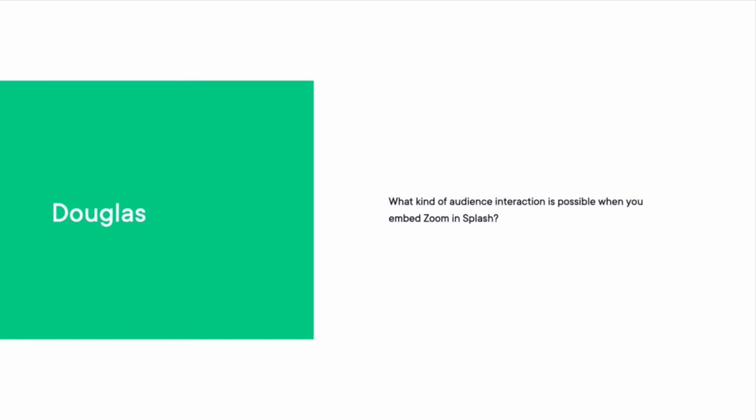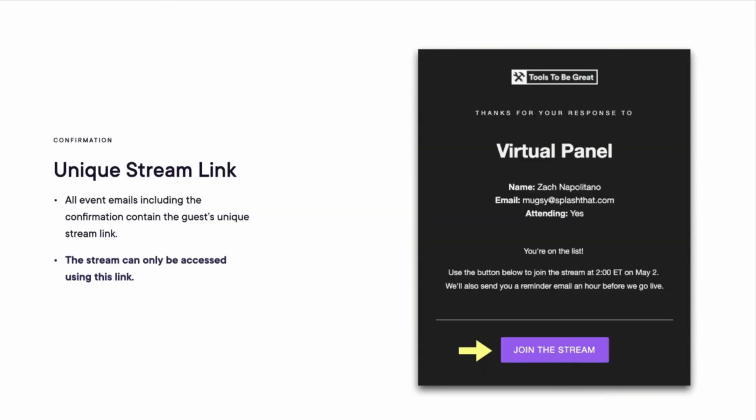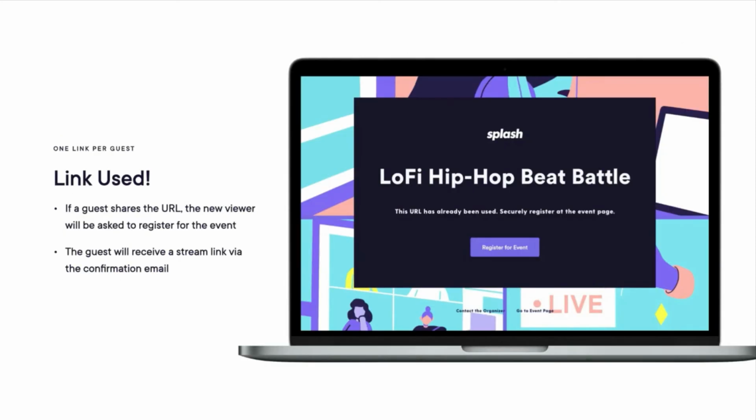Ramiro asks, these private links, if someone shares the link, will that person gain access? Yeah, we mentioned this one just a bit earlier, so let me show you the slides, Ramiro. Everyone is given a unique string, a unique streaming URL, and we are able to recognize if that link has been shared. If that link is shared, they will see a link use screen.